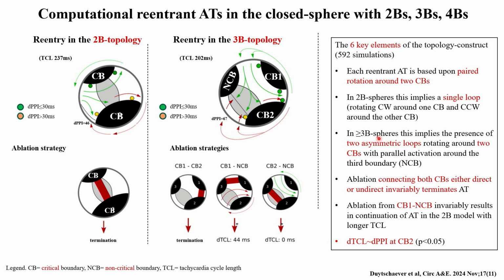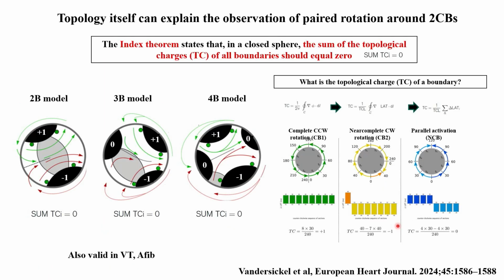Yes, there will be asymmetric, but they will be rotating around the 2 critical boundaries. Number 4, you need to connect the CBs. If you connect, on the other hand, the CB1 to an NCB, it will lead to continuation of the AT in a longer cycle length, and you can predict to what extent the cycle length will prolong. This was predicted. This was not just a finding.